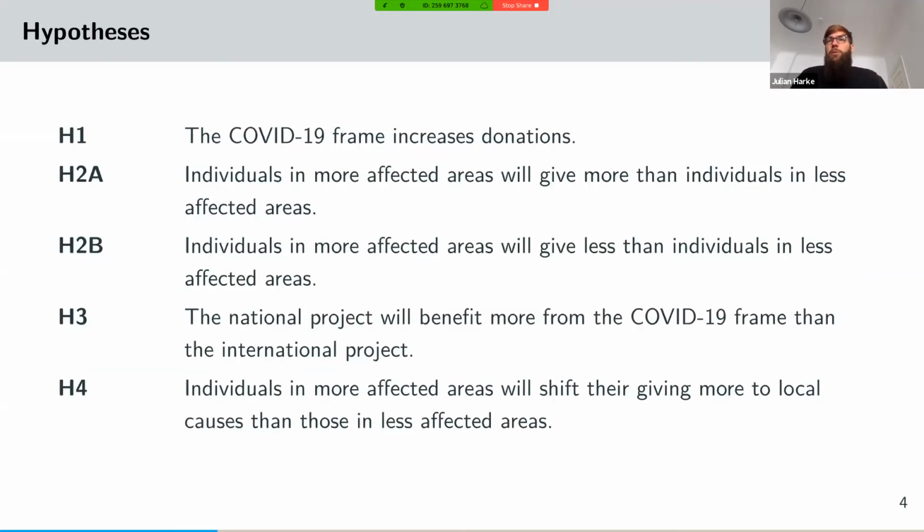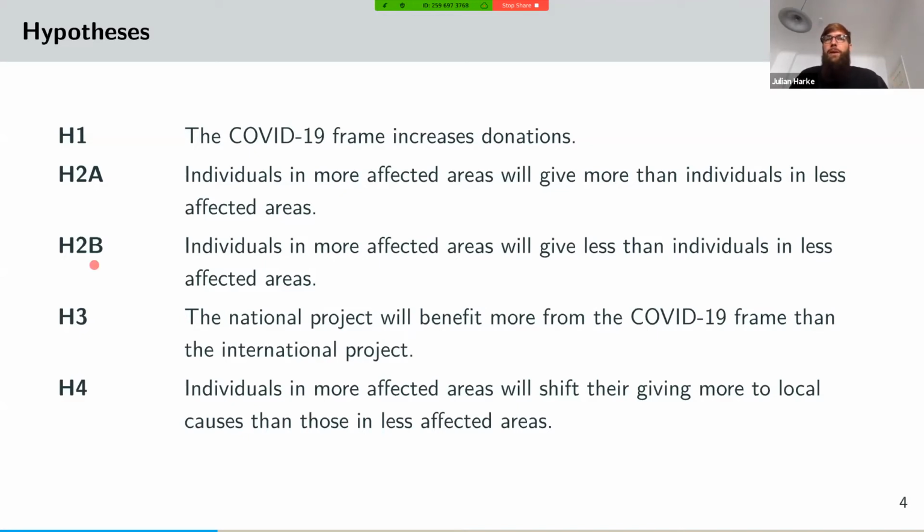So let me come to our hypotheses. First, we hypothesize that this COVID-19 frame increases donation. In the second hypothesis, we think that for people in more affected areas, the pandemic might be even more present than for others. So we hypothesize that these people will give more than individuals from less affected areas.